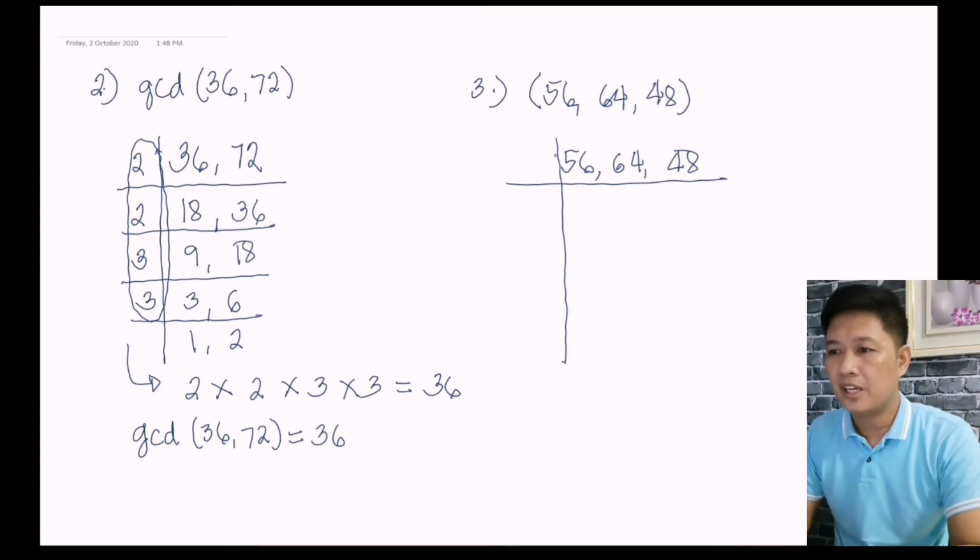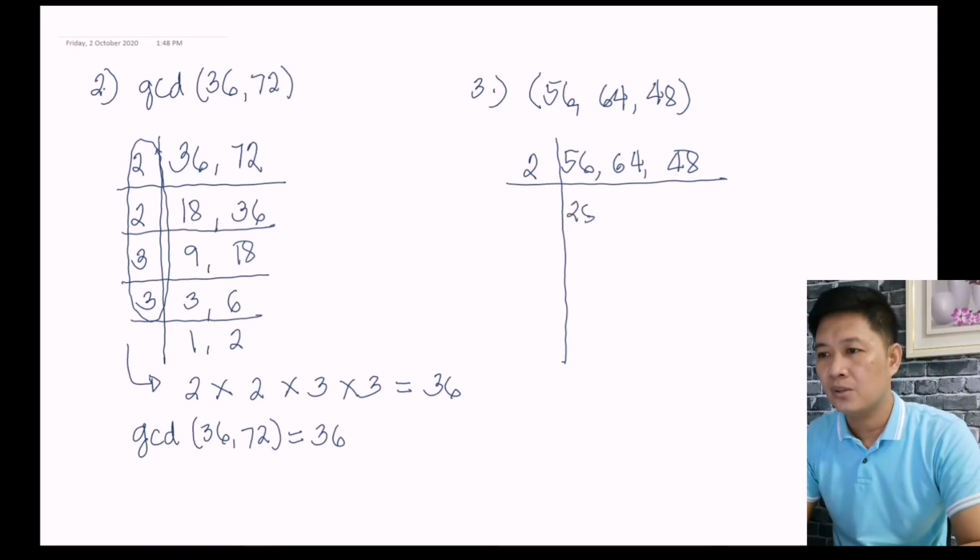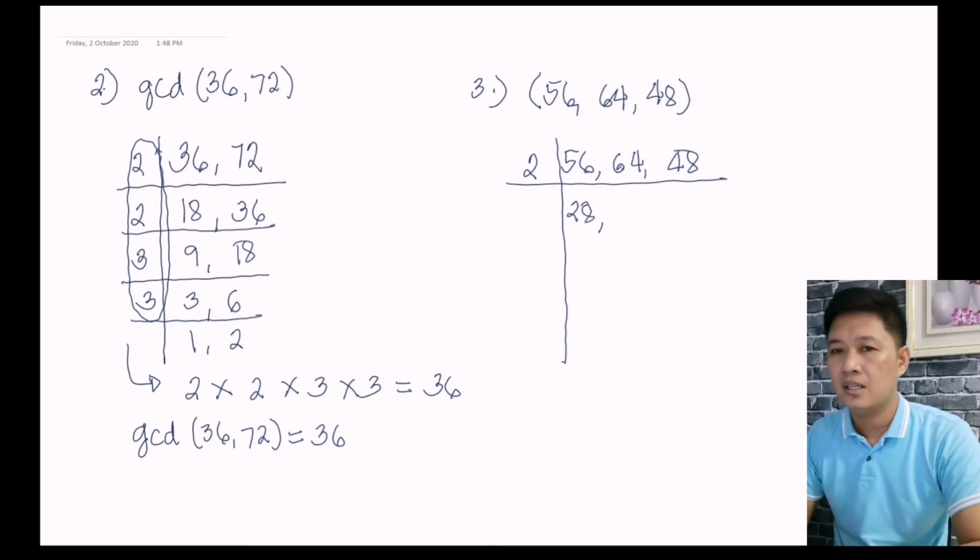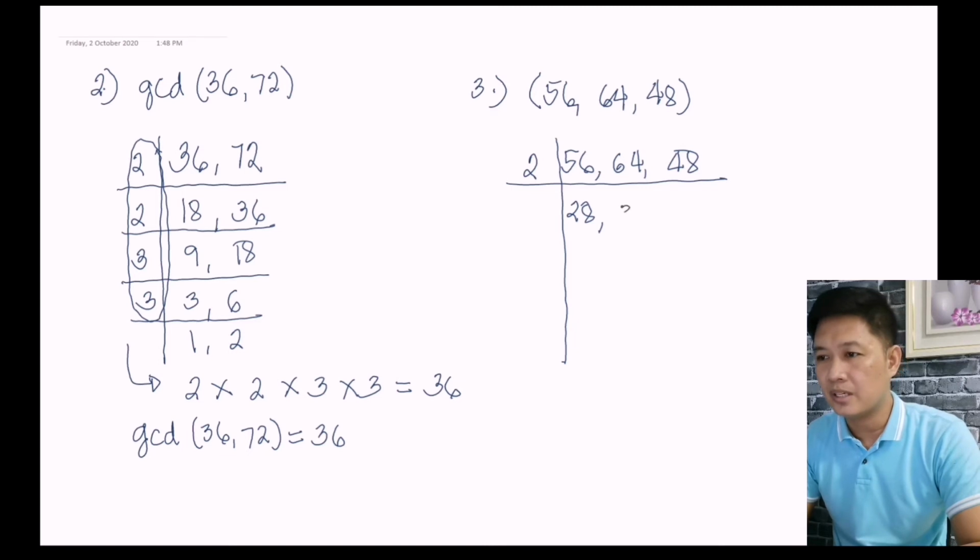56, 64, 48, common ay 2. Okay, so 56 divided by 2, ilan? Okay, we have 28. Tama? 64 divided by 2 is 32, and 48 divided by 2 is 24.